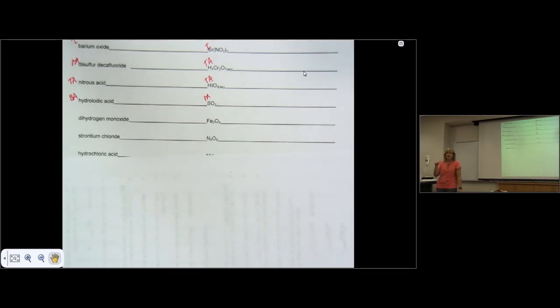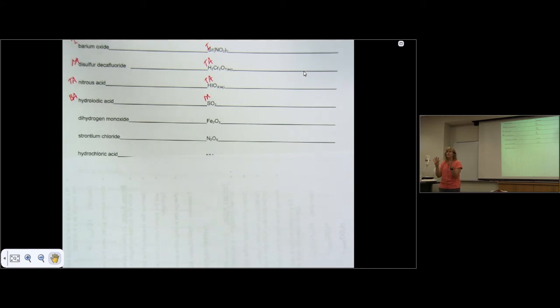Now, with that said, let me go a step further. Today, on this quiz, is the only time I will ever give you a polyatomic ion and have you spit it back out at me. Never again, not on your test, will there just be an empty ion that I say, name it, or write the formula for an ion.